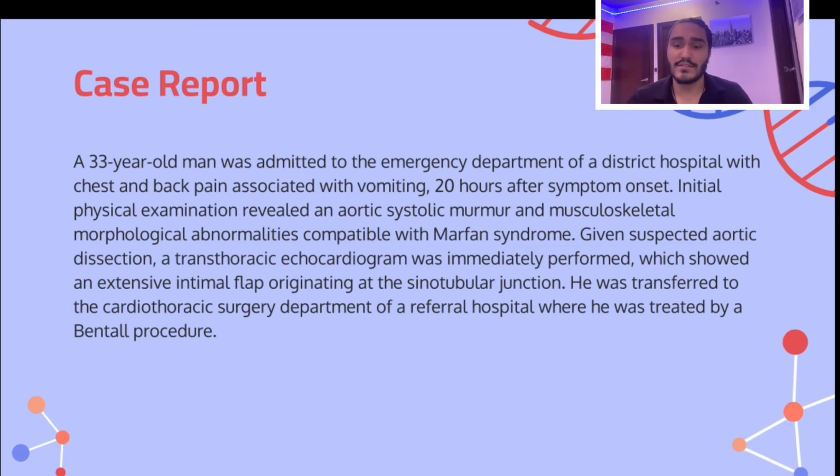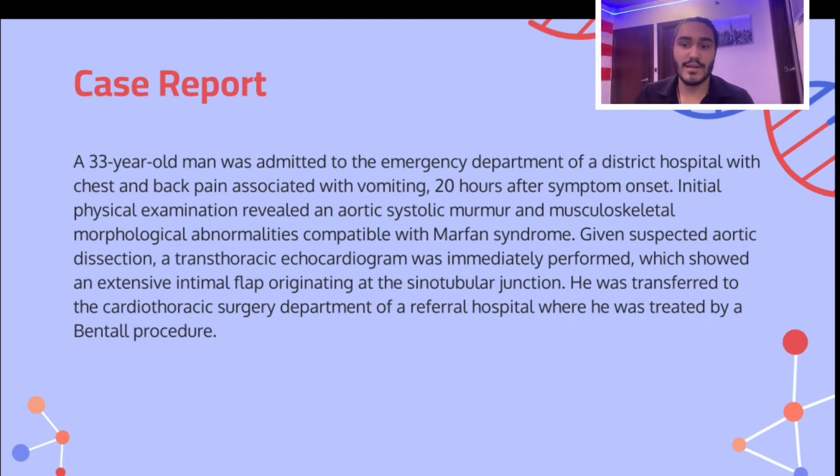compatible with Marfan syndrome. Now, given suspected aortic dissection, a transthoracic echocardiogram was immediately performed, which showed an extensive intimal flap originating at the sinotubular junction.